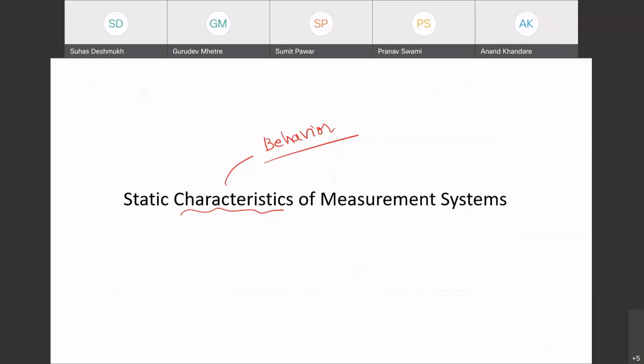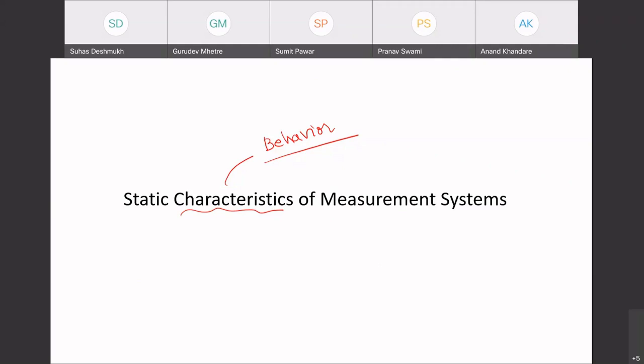If I have a sensor and I put some input on it, how the change is going to happen, and how it is going to interact with another environment. All this you need to identify, and that is called characteristics. These characteristics may be of two kinds: one is static, another is dynamic.